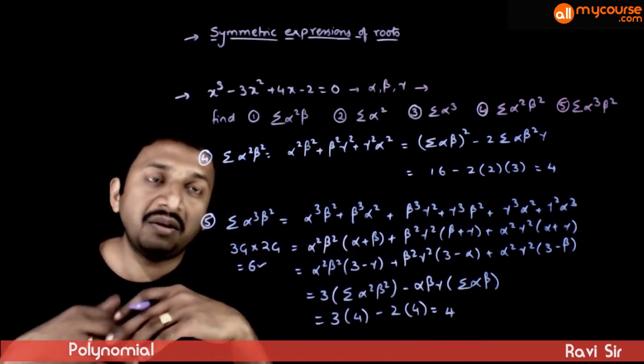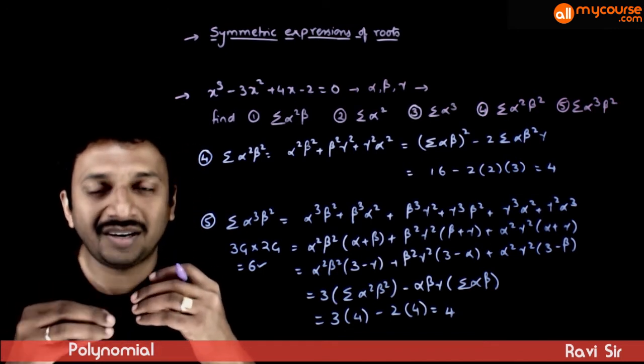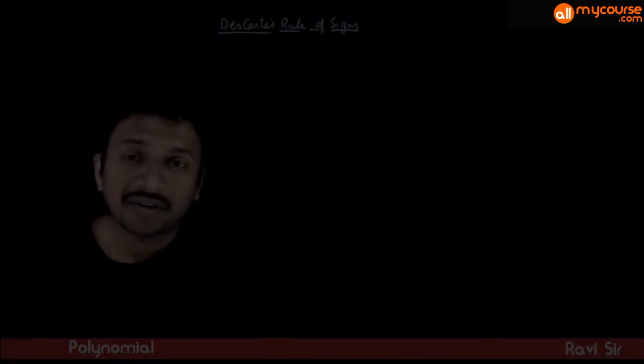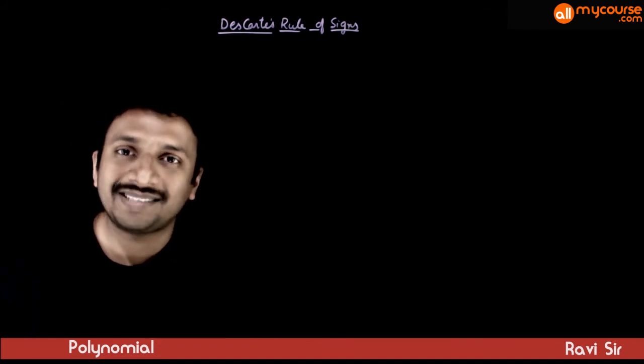So in this way we can find the values of different symmetric expressions in roots. Let us look at the Descartes rule of signs.